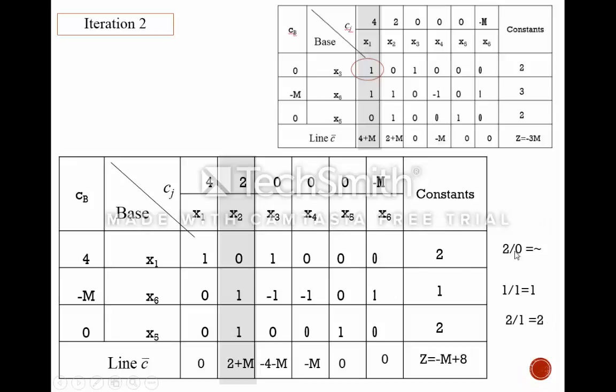So we choose the lowest value, which is 1. Because we choose the 1, we choose x2 to replace x6 in the base.